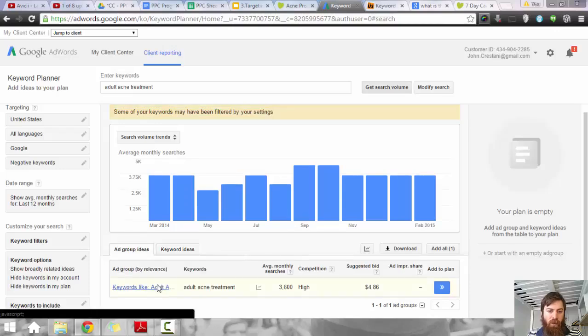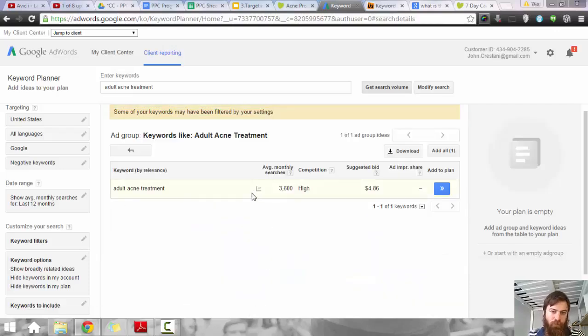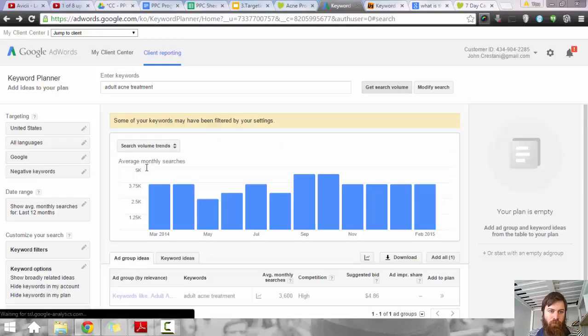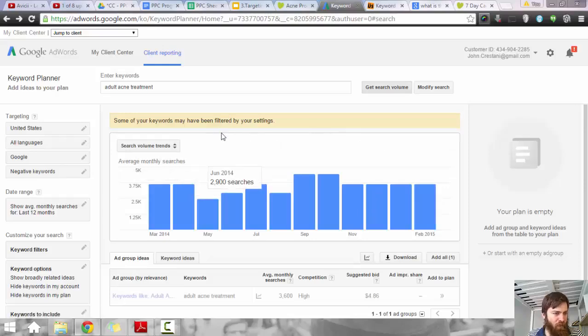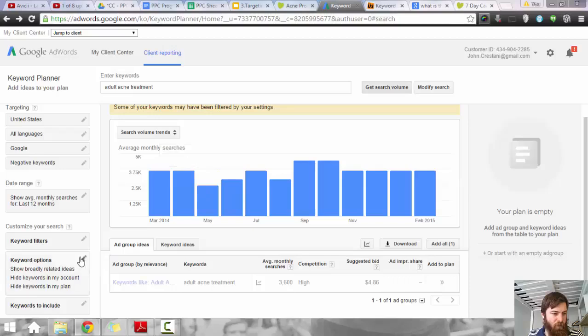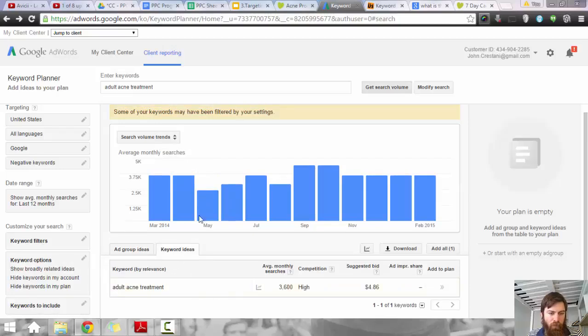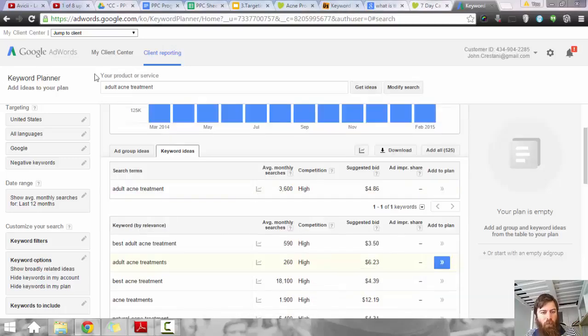Let's see what's going on here. Your keywords have been filtered by your settings. There we go. I just needed to reload the page.